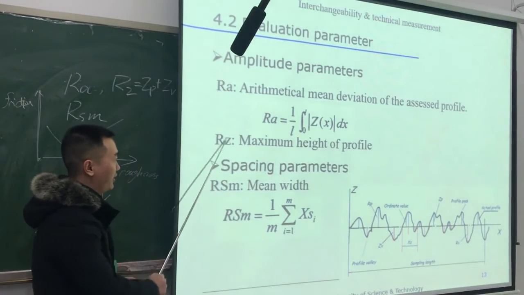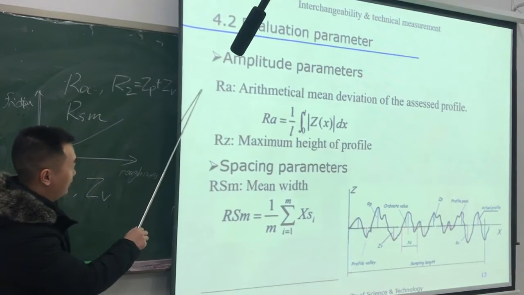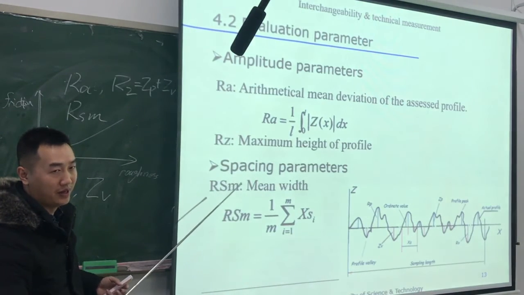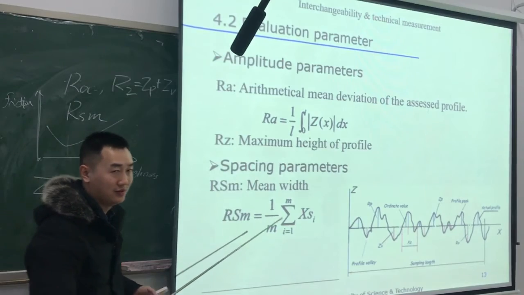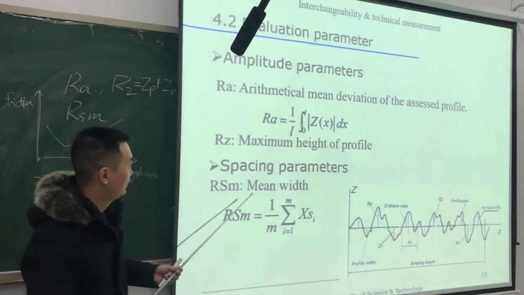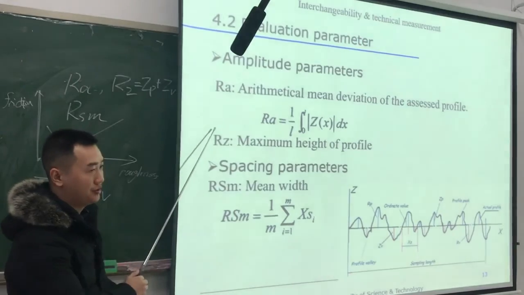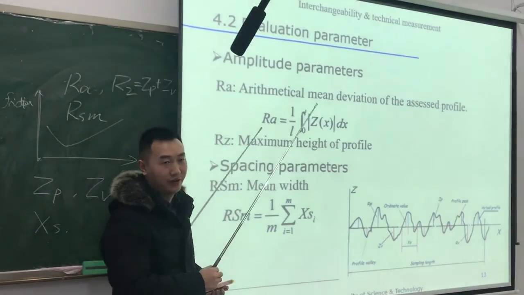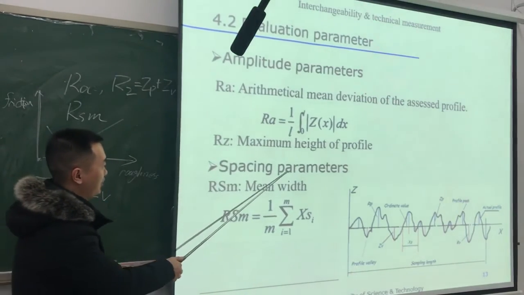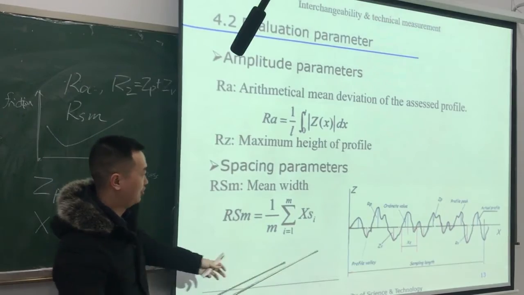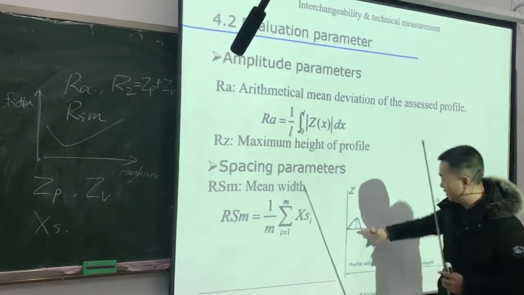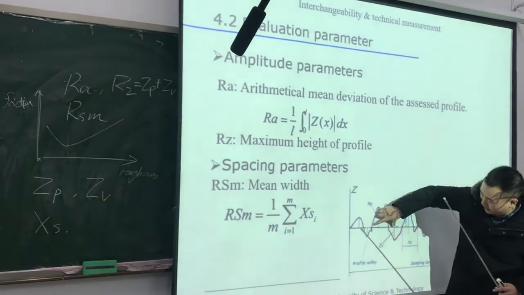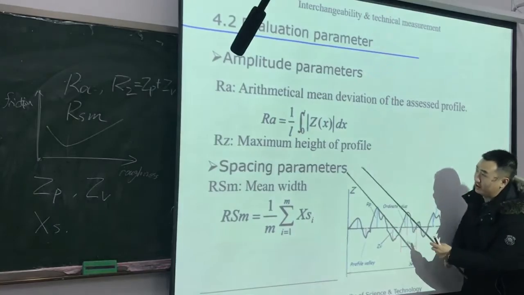Now let's think about whether a bigger or smaller value of these parameters is better in most cases. These two parameters are used to measure the amplitude of the profile, right? And the spacing parameter RSm is used to measure this distance, the average of these distances.